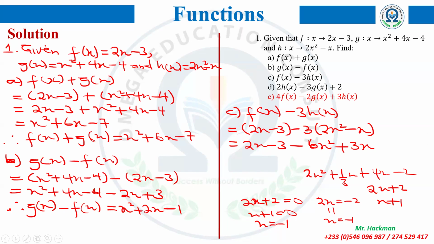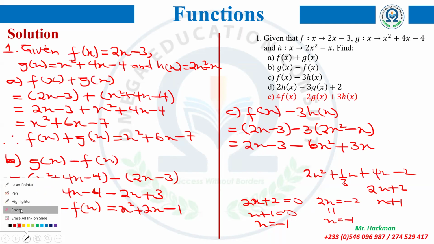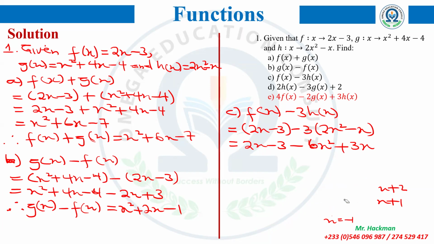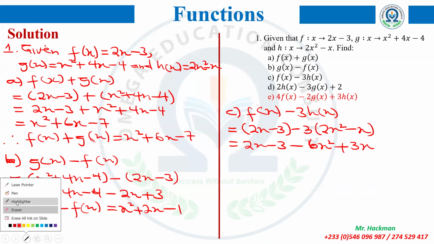Great. Now I am going to clear this to give room for my conclusion. Before we conclude, I'm going to write this. Ordinarily, if you are arranging, we said you arrange in decreasing powers of x.